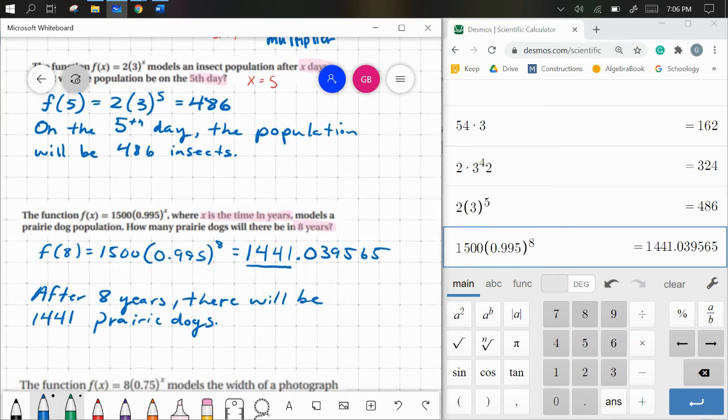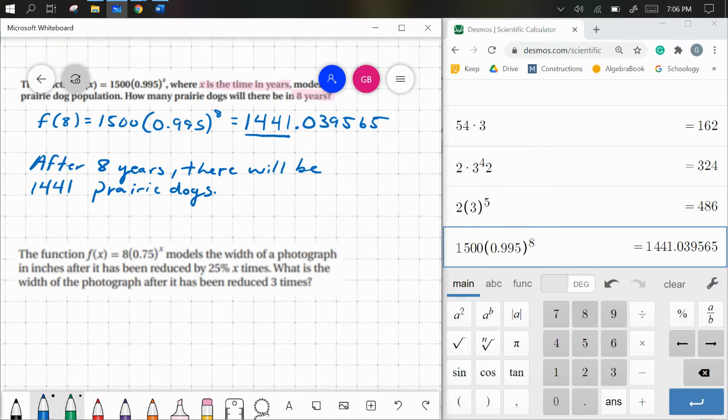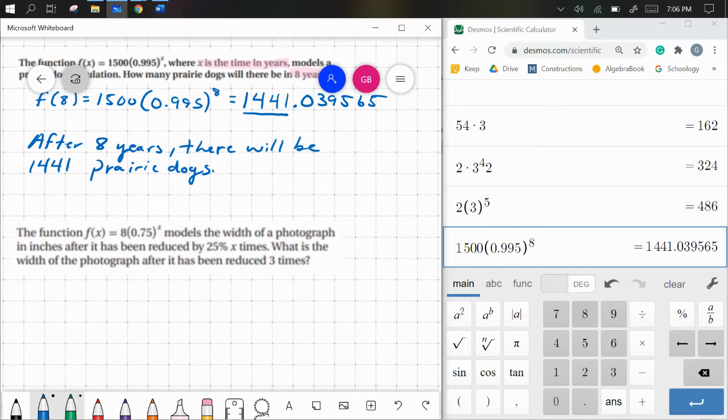All right, let's do another example. The function f of x equals 8 times 0.75 to the power of x models the width of a photograph in inches after it has been reduced by 25% x times.